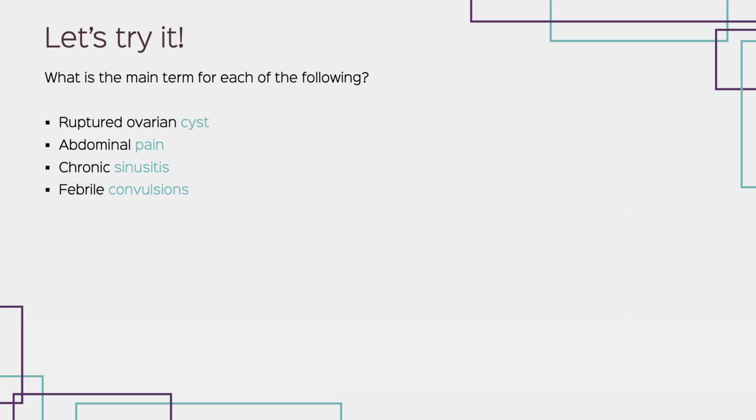Chronic sinusitis, again, sinusitis is going to be the condition, and it's just the chronic form of the sinusitis. And then your febrile convulsions, you've got your convulsions is the condition or the disease, and then febrile meaning that it was caused by an increased temperature.